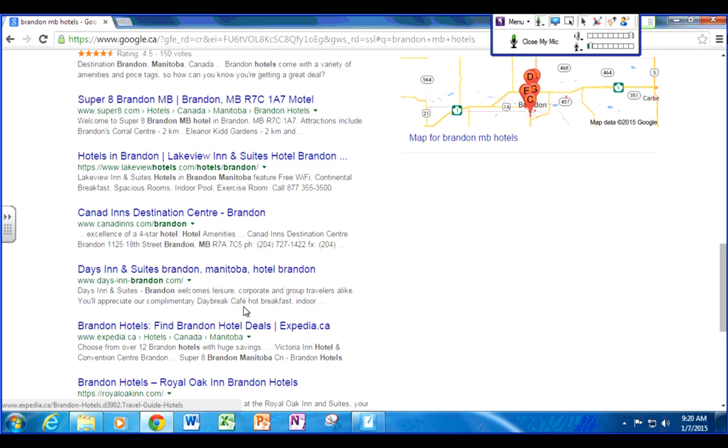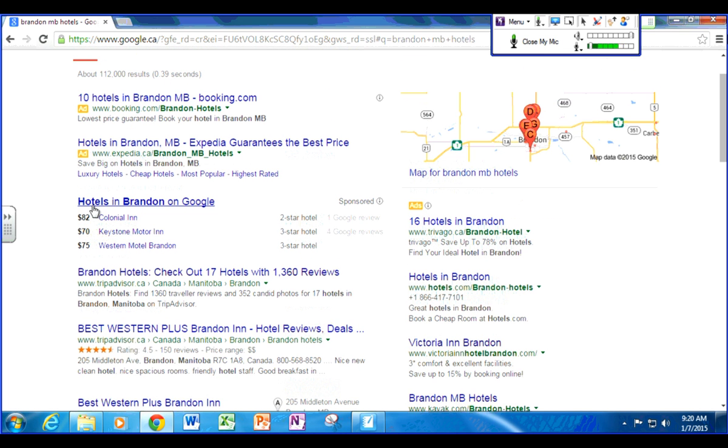If you've used some of these places before, if you have an account with Expedia or whatever, maybe you'll get a better deal, right? Now, sponsored is kind of neat because that means that these folks paid Google to put them in there, right? 2 star, 3 star. I don't even know what the stars are all about.